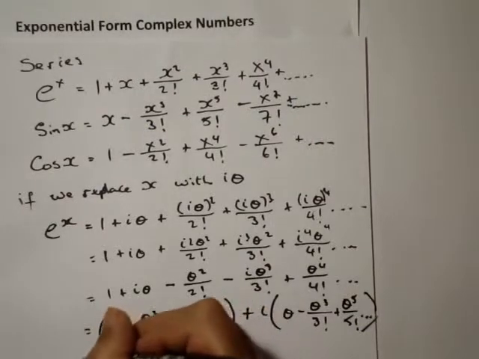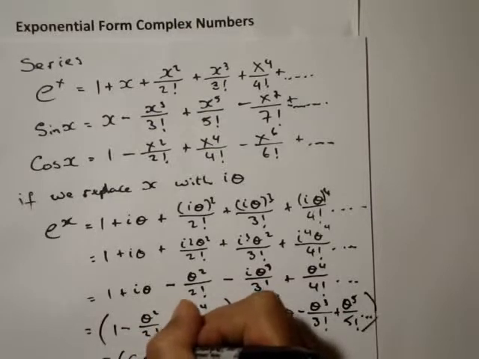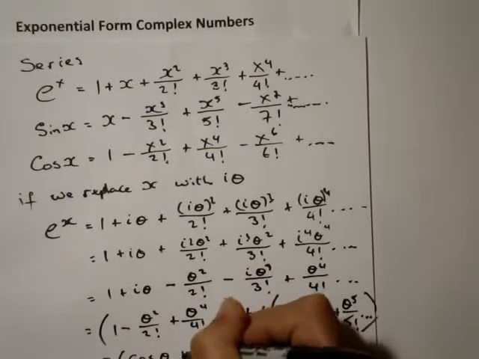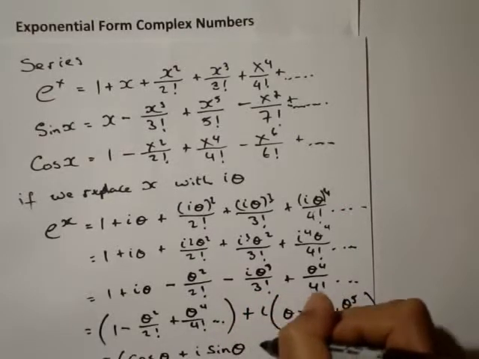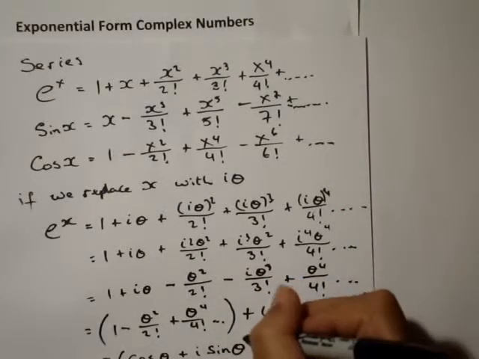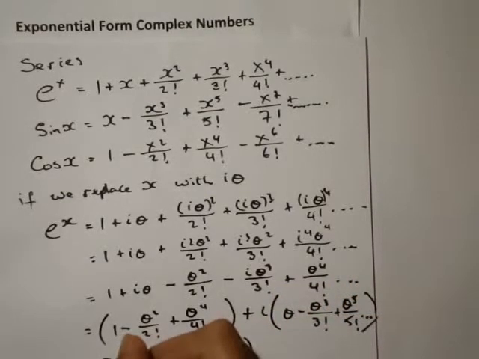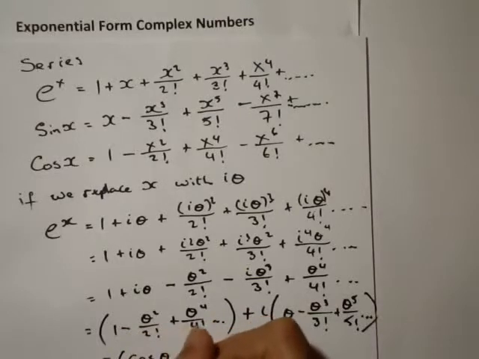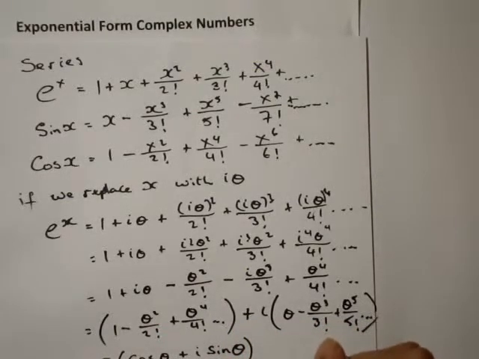So therefore r cos theta plus i sine theta, this is cos theta and this is sine theta, we can rewrite as r e, because we're discussing the powers of e.